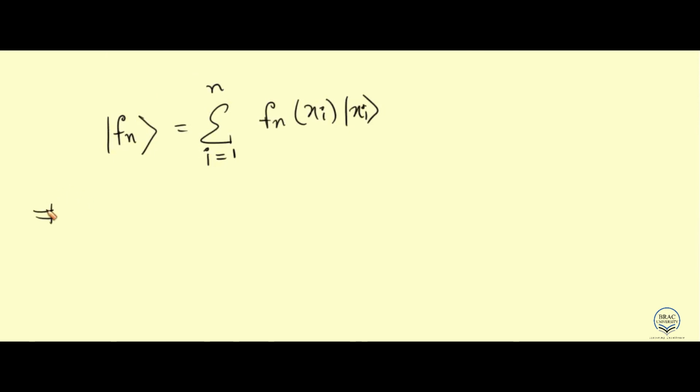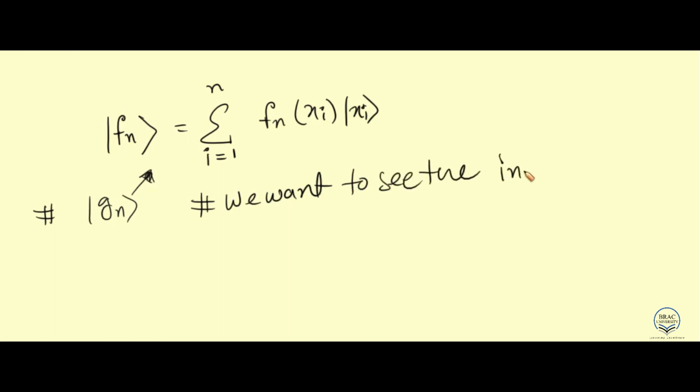Next, let's take another function g of n, which is similar to this. That is, we take another function and we cut it into n pieces, and we want to see the inner product of f of n and g of n.